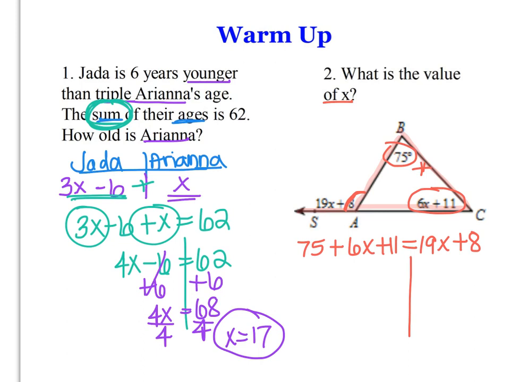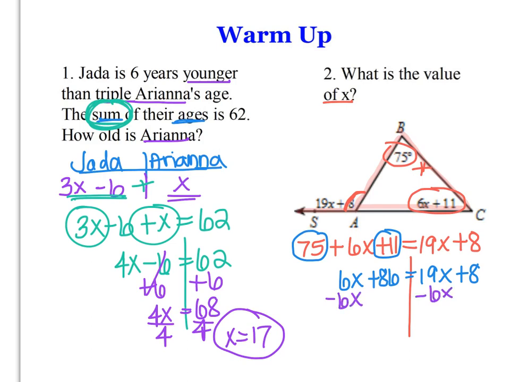So I can combine like terms to make my left side shorter. I have two constants I can combine, no x's to combine, so that's 6x plus 75 plus 11 is 86, equals 19x plus 8. I'm going to get rid of the smaller coefficient, so on the left side I'm going to get rid of the 6x, subtracting it from both sides.